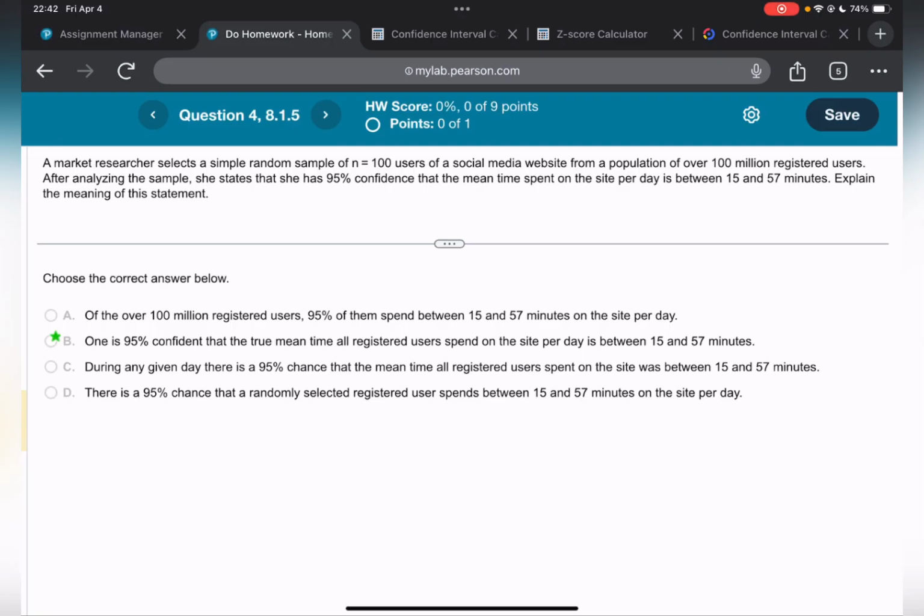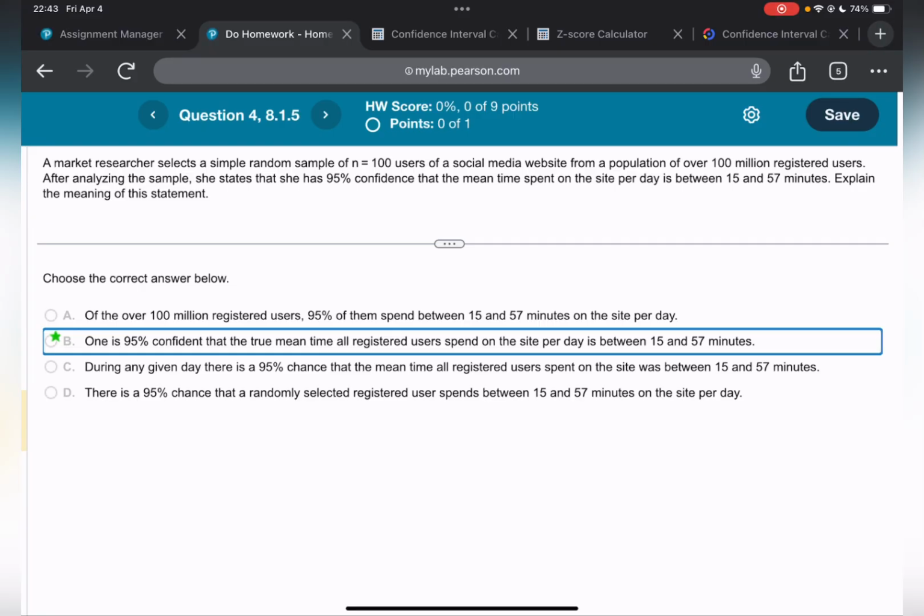C, during any given day, there is a 95% chance that the mean time all registered users spend on the site is between... no. The true mean, during any given day, the answers are very, very close to the proper answer. But this one matches best because it says the true mean, because it's checked, it's calculated, it's analyzed.